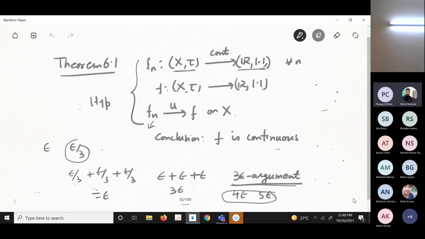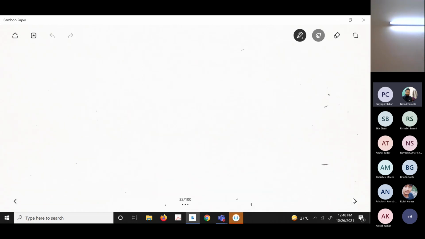Now look, in this argument, suppose uniform convergence.